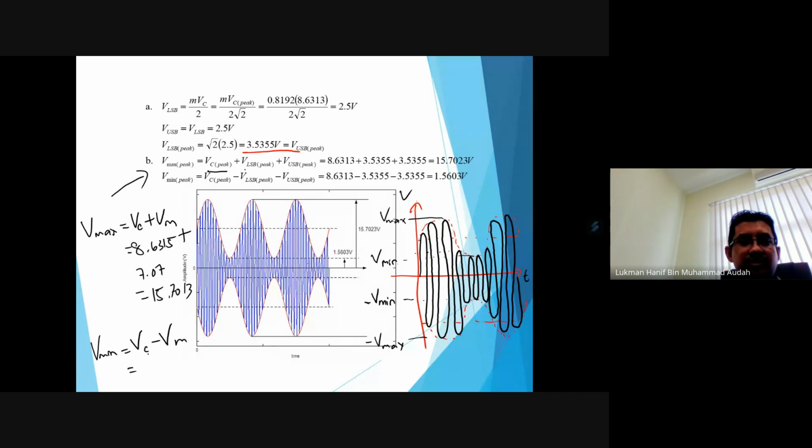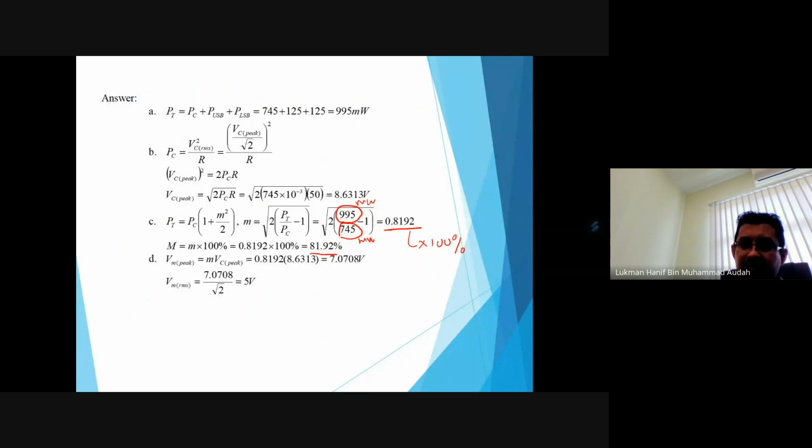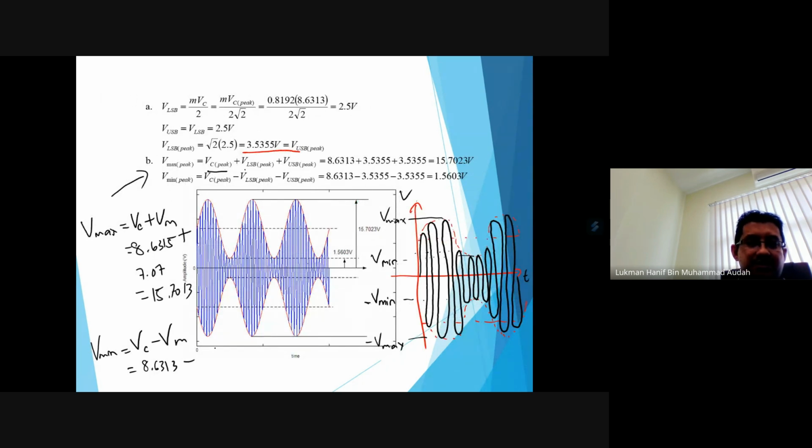Vmin is equal to Vc minus Vm. So this is 8.6313 minus 7.07. So you're going to get 1.5613 volt. Okay, so you just need to label over here.